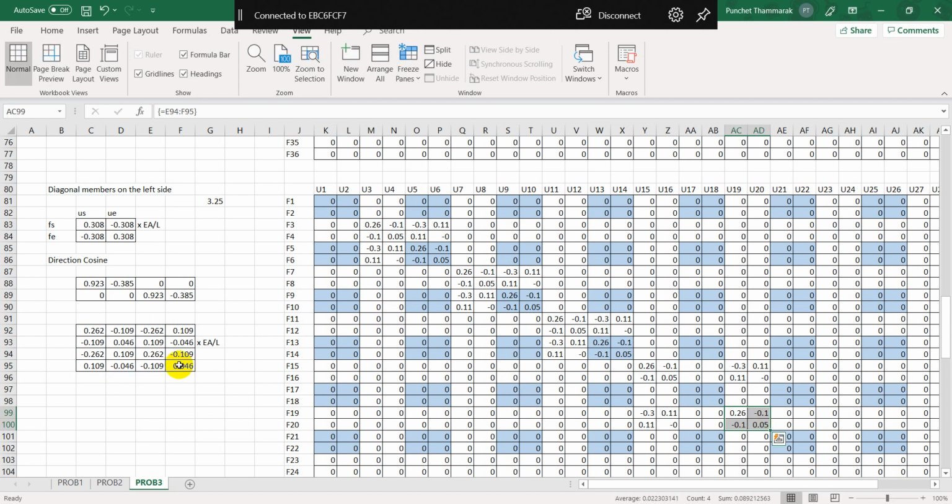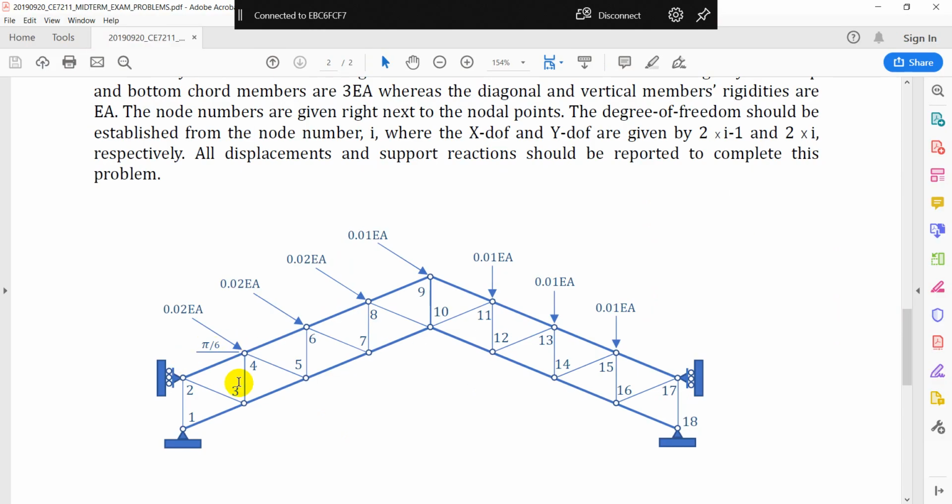There it is. Okay, done with diagonal member on the left. Well, we move to diagonal member on the right.